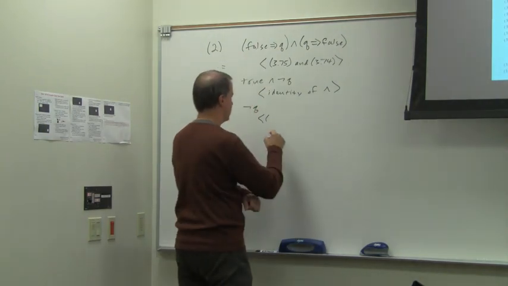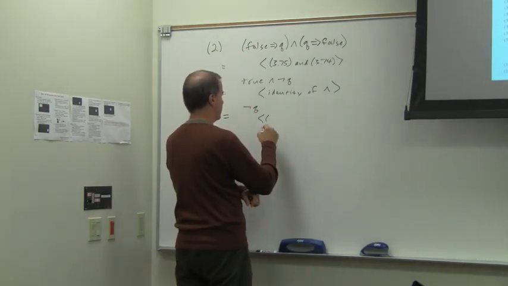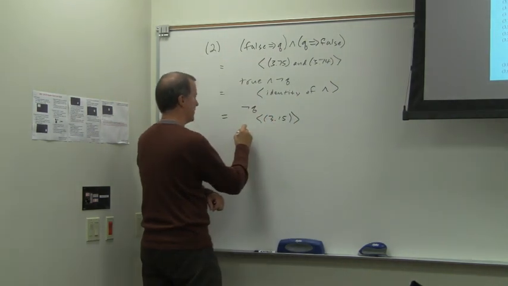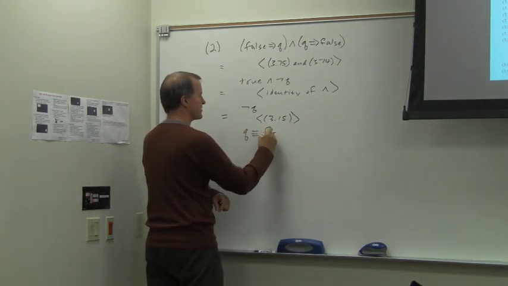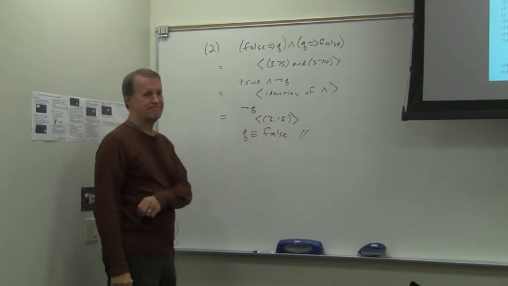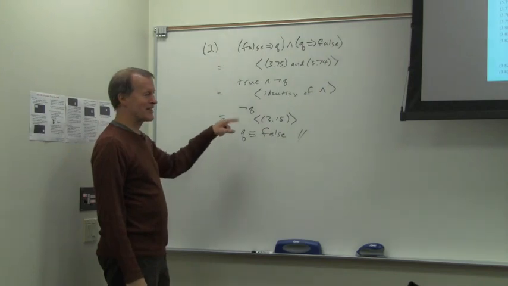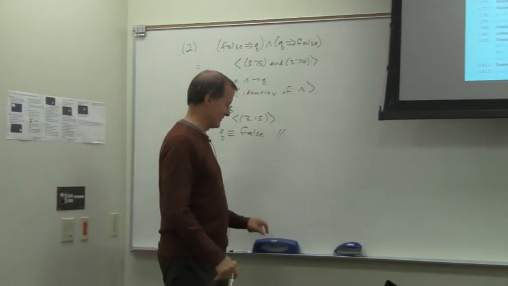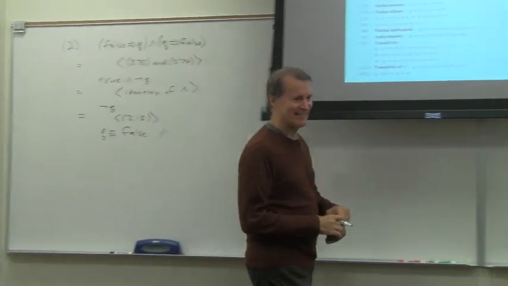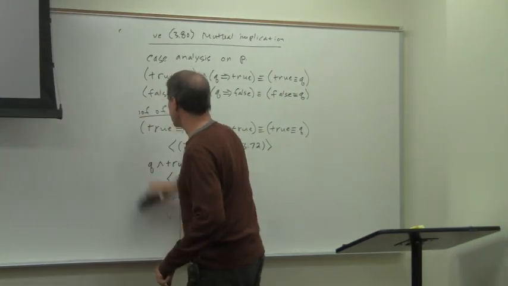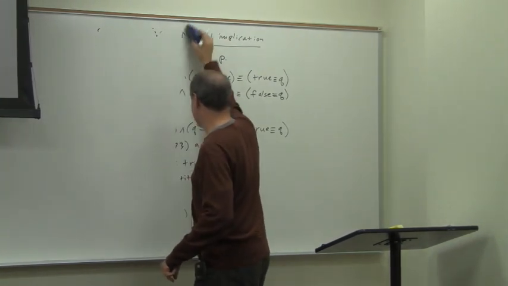Not P equals false. Yeah, so 3.15, so that's going to be Q equals false. The other side. We got it to the other side. We used two different styles here. We could have done the whole thing here, but whatever. This is way simpler. Starting with the whole thing is way simpler?